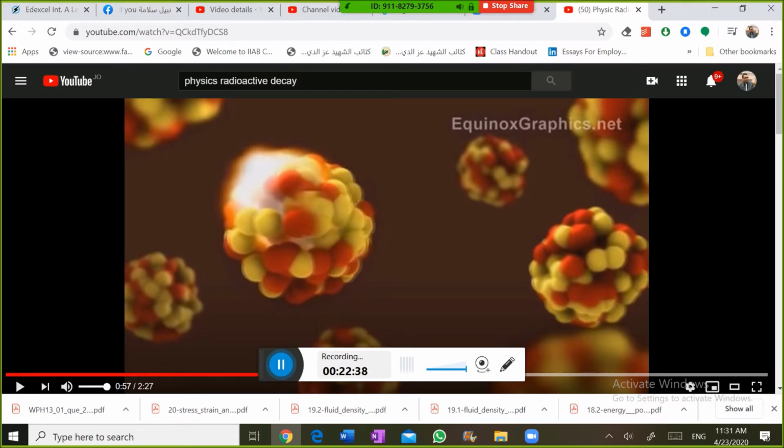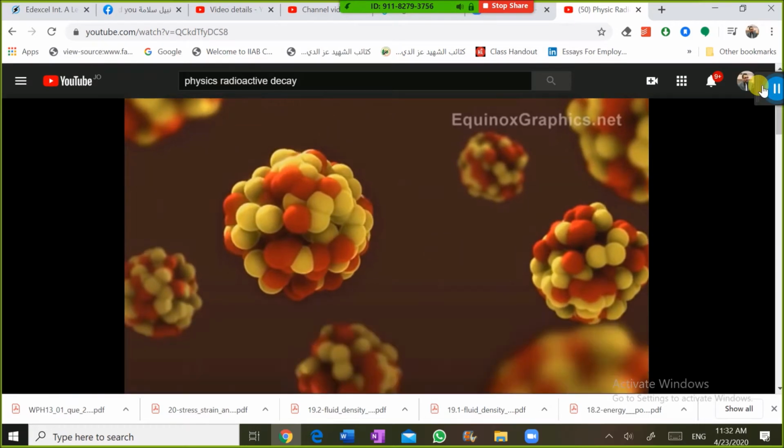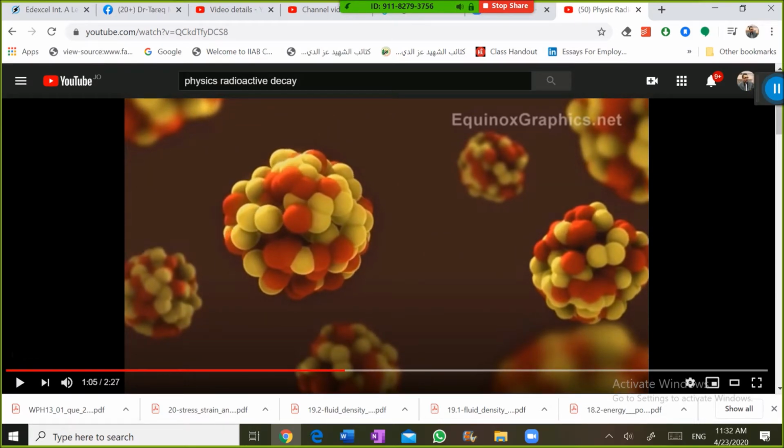Part of this nucleus will disintegrate from it. This part consists of two protons and two neutrons. The part that is disintegrated from this nucleus is called an alpha particle, or helium nucleus, because it consists of two protons and two neutrons. That's complete.